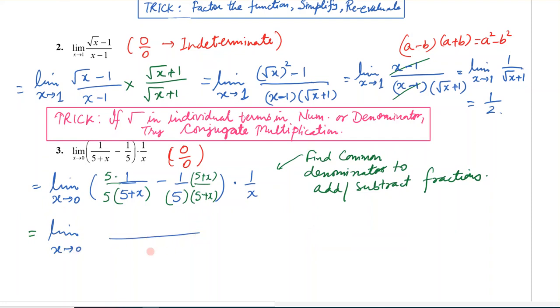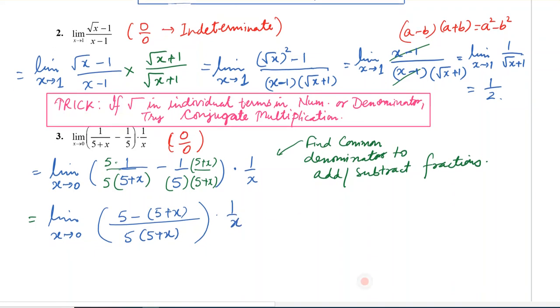So we got 5 times 5 plus x in the denominator. And on top we get 5 minus 5 plus x. And outside we have 1 over x. So in the next step, we get limit x approaching 0. When we open the bracket here, we get negative 5 and again negative x, over 5 times 5 plus x, times 1 over x.